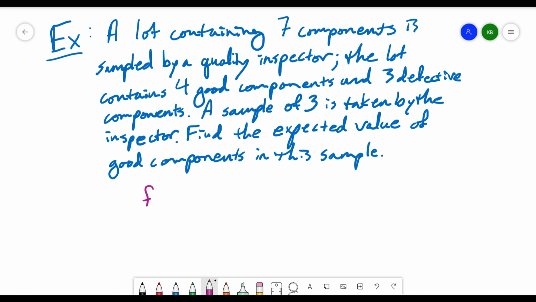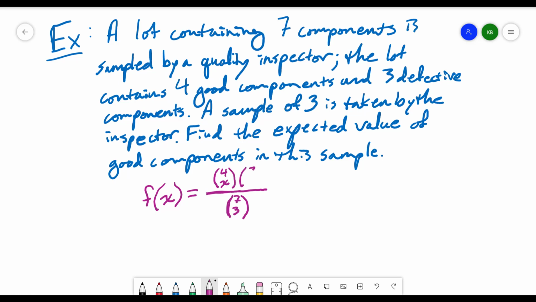Well, the first thing that we need is our probability distribution. So if I want to find f of x, I need to think about a denominator of how many possible ways I can choose 3 components. And then if I am choosing x good components, then there's 4 of those that I'm choosing from.